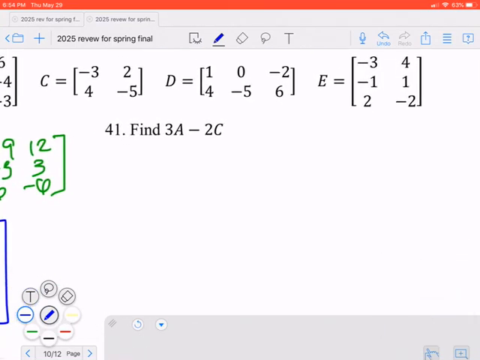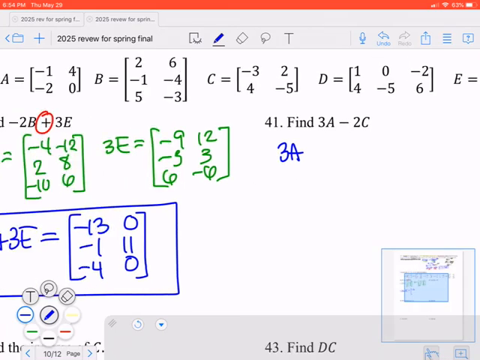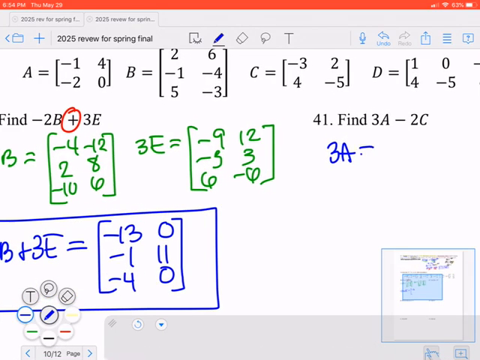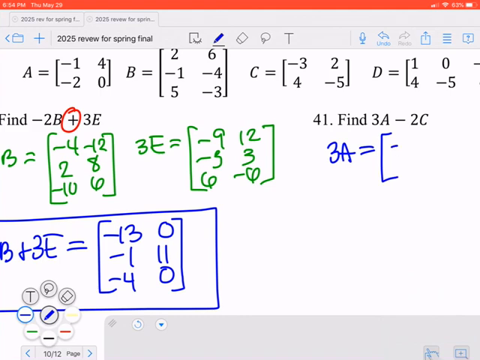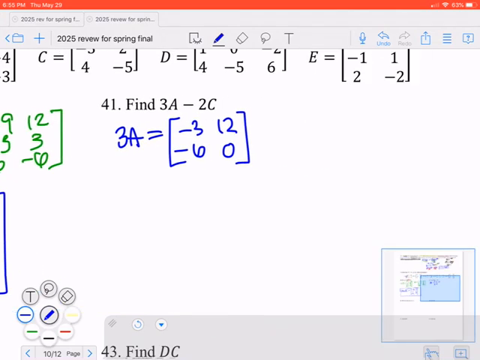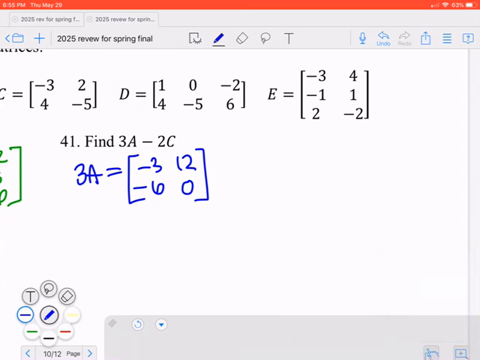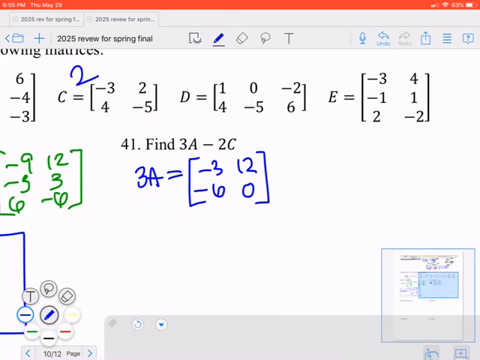3A minus 2C. So let's find 3A. Negative 3, 12, negative 6, negative 3, 12, negative 6, 0. And now I'm going to either just find 2C and then I would minus them, or I could do negative 2C and then I would be adding them.